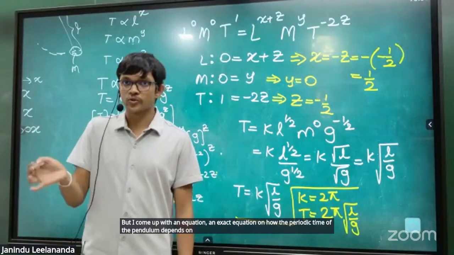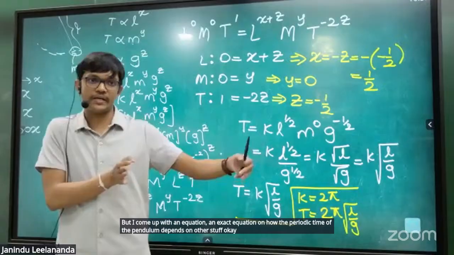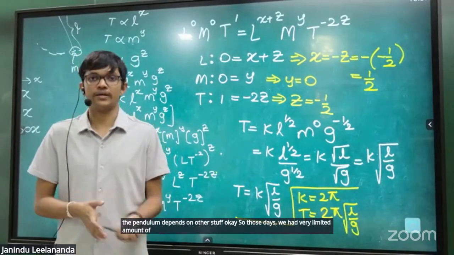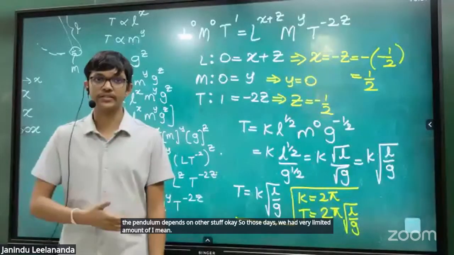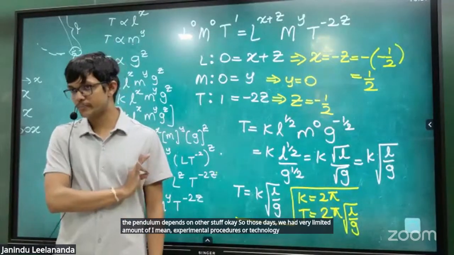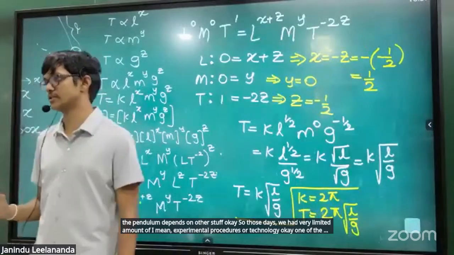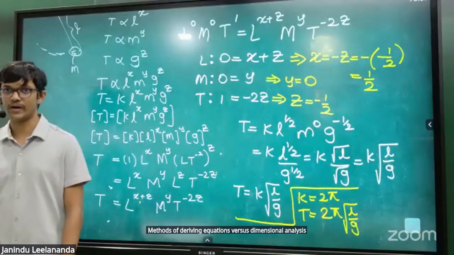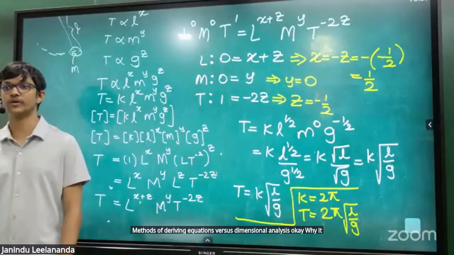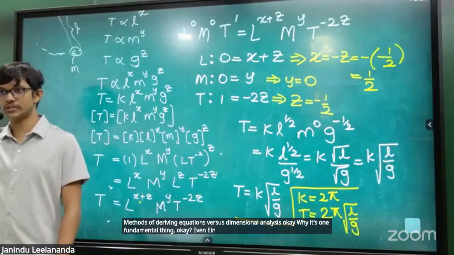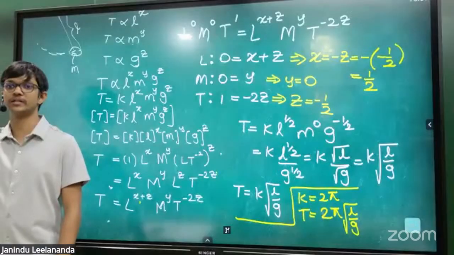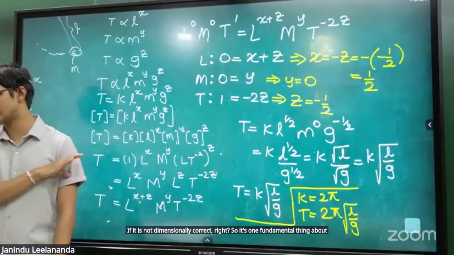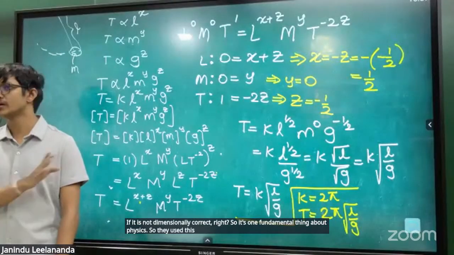In those days we had a very limited amount of experimental procedures or technology. One of the main methods of deriving equations was dimensional analysis. Why? It's one fundamental thing. Even Einstein's equation is wrong if it is not dimensionally correct, right? So it's one fundamental thing about physics. They used this a lot to prove a lot of equations.